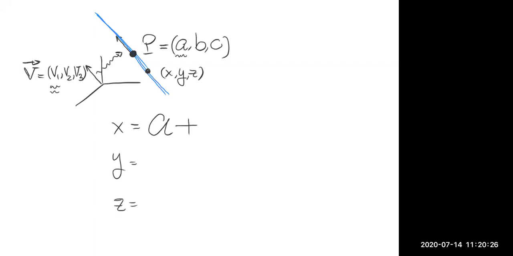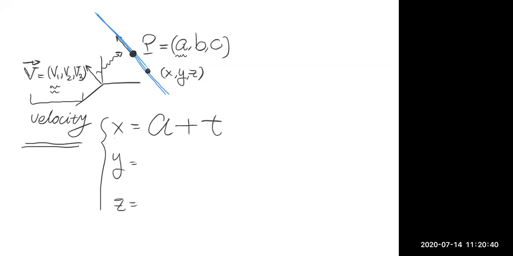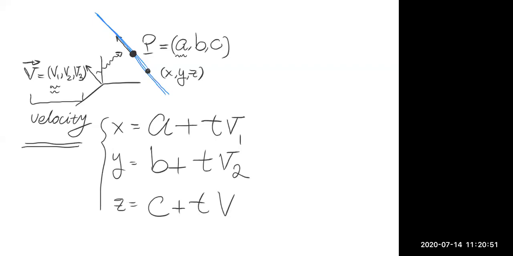You can think about v as the velocity. After t seconds, x would be equal to a plus t times v1. y would be equal to b plus t times v2, and z would be equal to c plus t times v3.